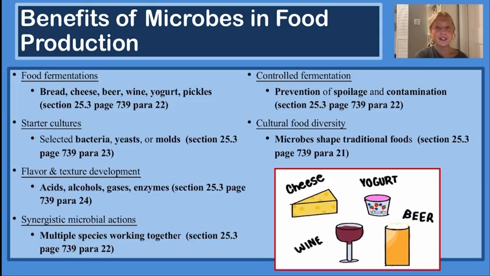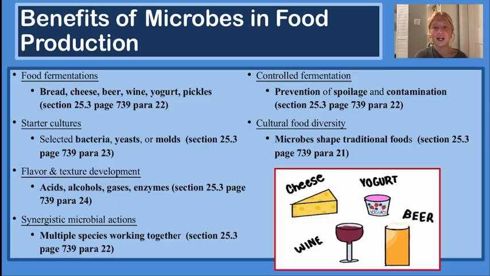In many cases, specific starter cultures of bacteria, yeast, or molds are added to ensure that the results will be consistent, predictable, and of good quality. These microbes contribute to the different flavors, smells, textures, and appearances of food by producing gases, organic acids, alcohols, and enzymes during metabolism.